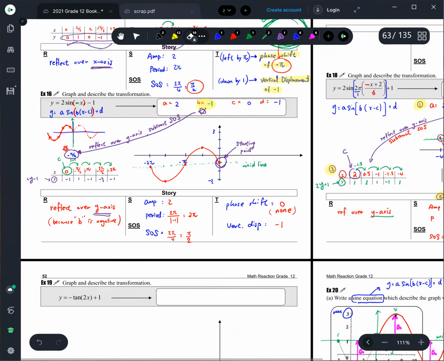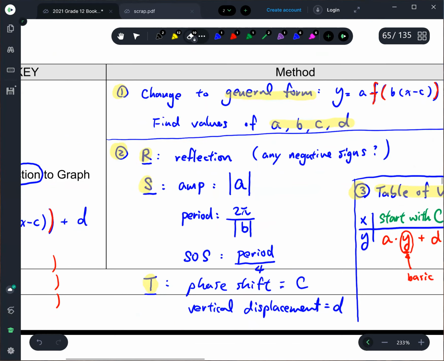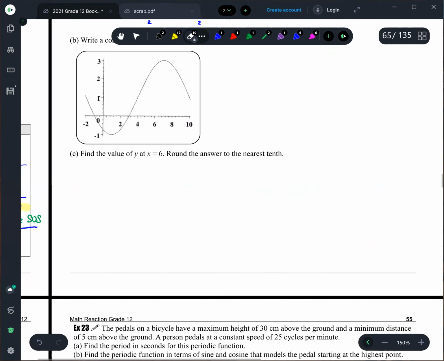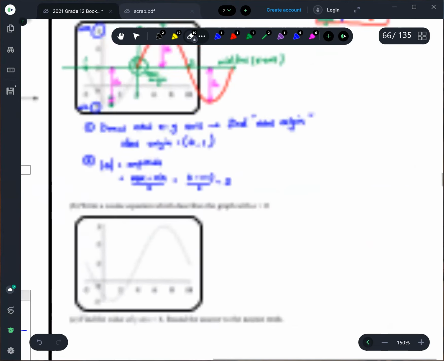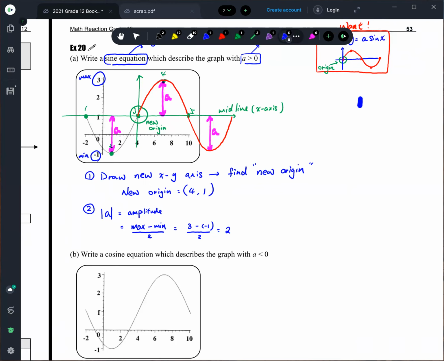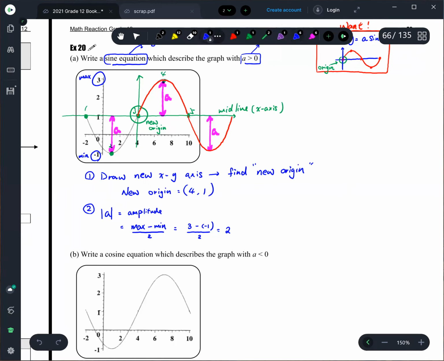Period equal to 2 pi over b. That was our formula in our summary. So now let me just write it on the side here. Period equal to 2 pi divided by b.